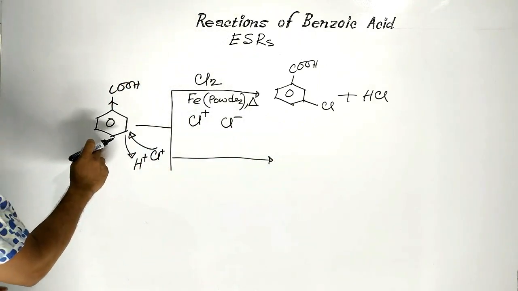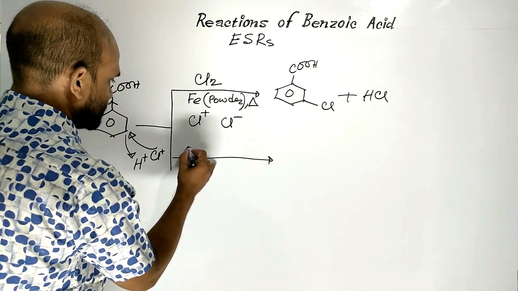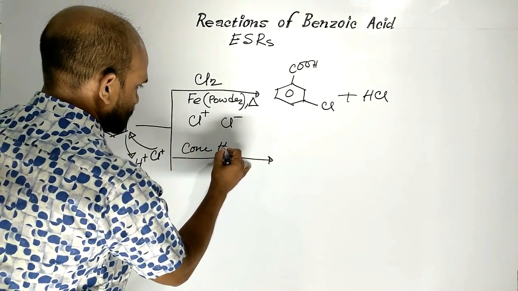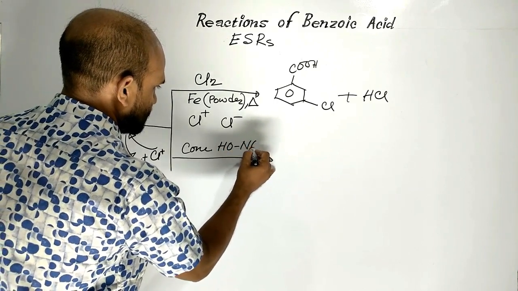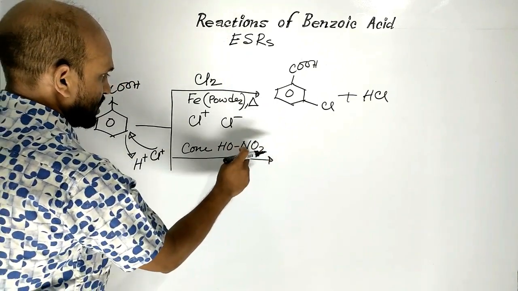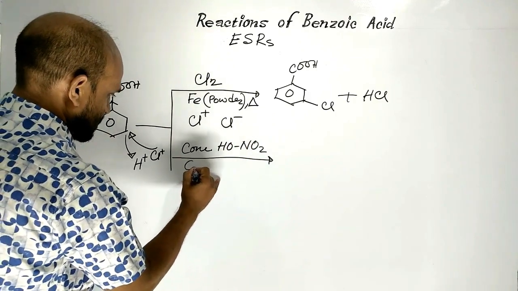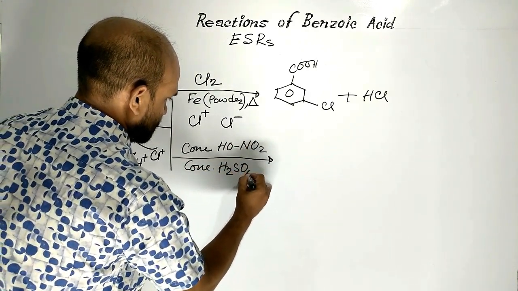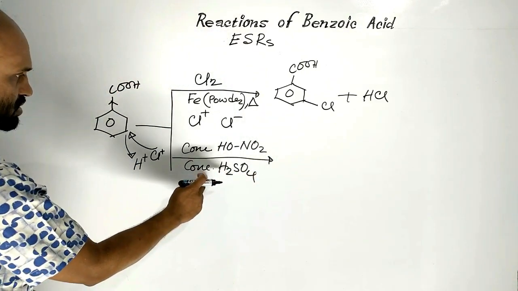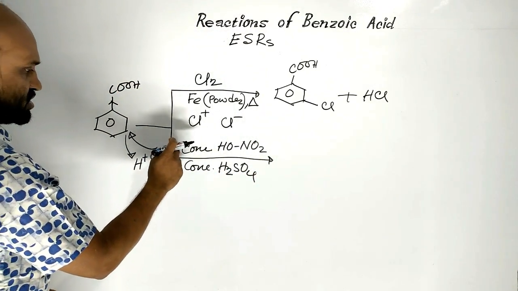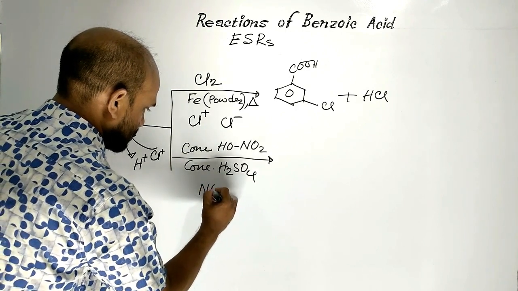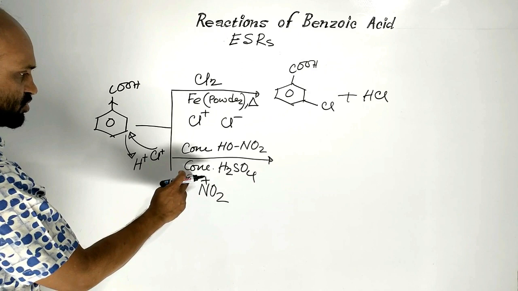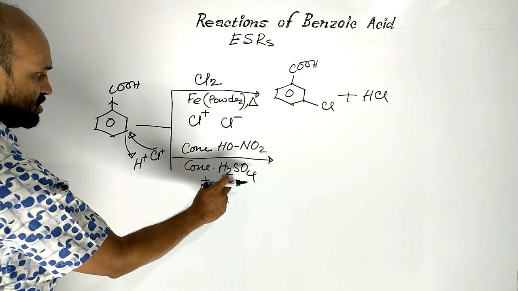Next, when benzoic acid is nitrated, that is concentrated nitric acid, HNO3, in presence of concentrated sulfuric acid. Here, concentrated nitric acid forms nitronium ion as electrophile in presence of concentrated sulfuric acid.